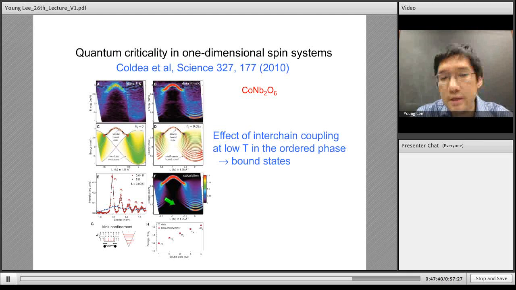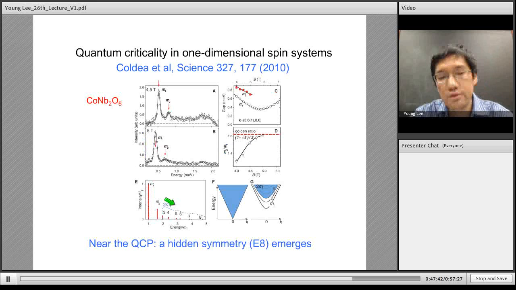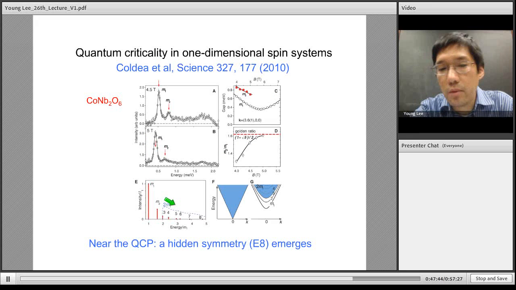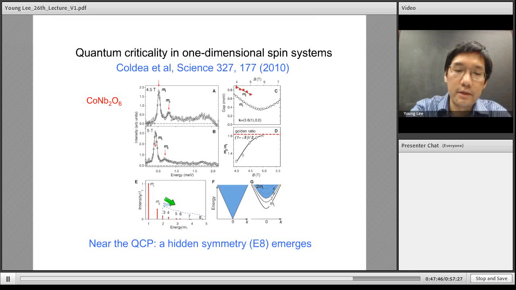Now, the interesting thing in this system was to measure near the quantum critical point. So he did experiments in magnetic fields close to this critical field and looked at how the excitations changed. And it turned out that, again, this is a 1D system where theory is much more readily doable.